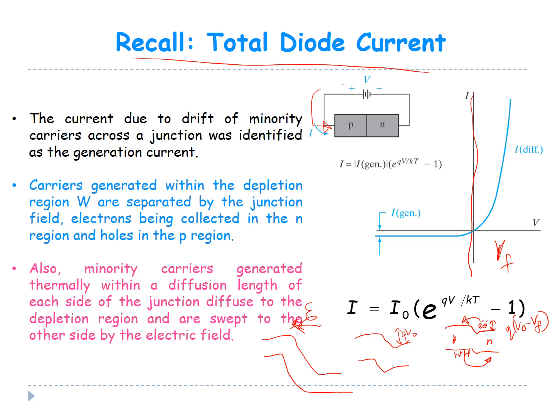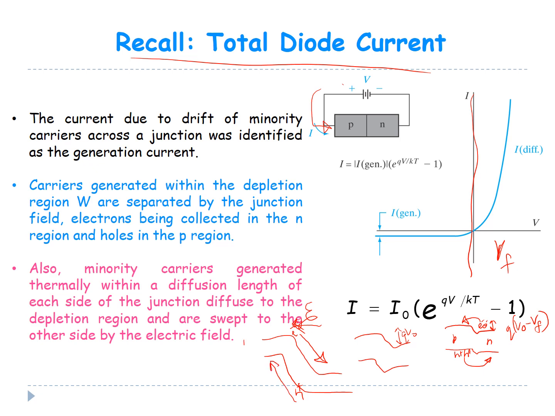The only current that we have now in the reverse condition is when we have electrons that make it to the depletion region and are swept to the N side, or holes that make it to the depletion region and are swept back to the P side.